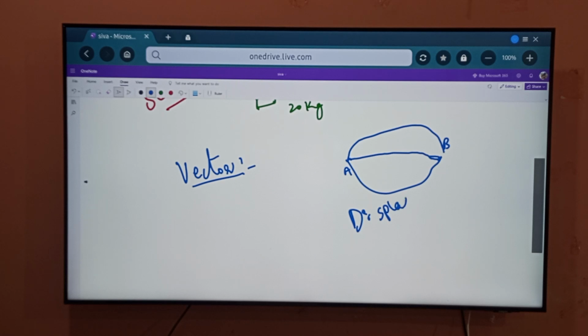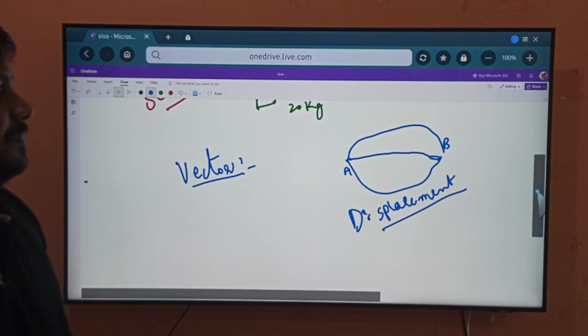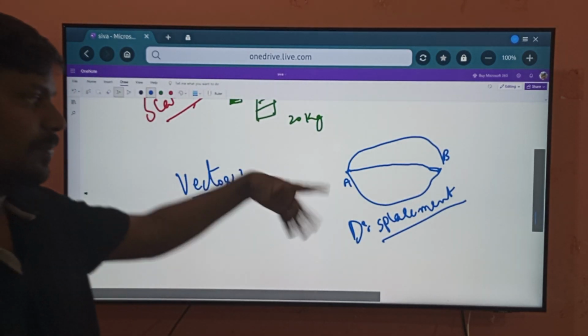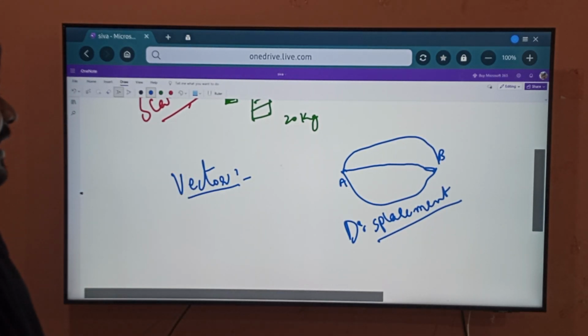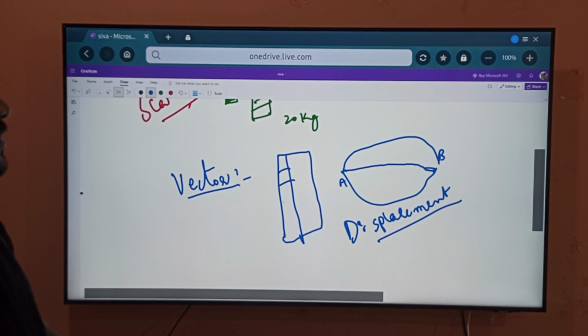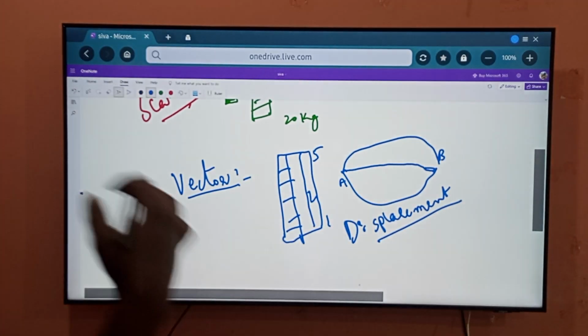That is nothing but displacement. The shortest path from the initial point to the final point is called displacement. You can also take a 5 floors building. If you take the staircase, it will take so much. If you take the lift, you can come directly from the 5th floor to the 1st floor. That is called displacement.